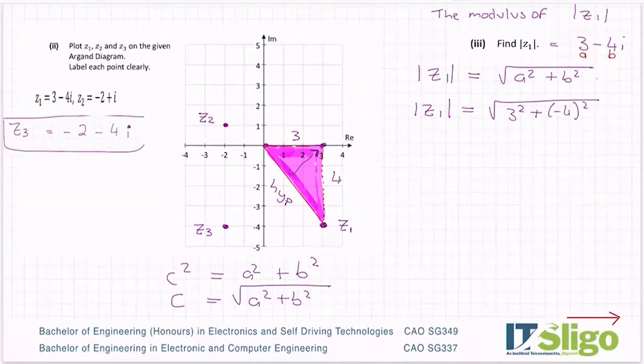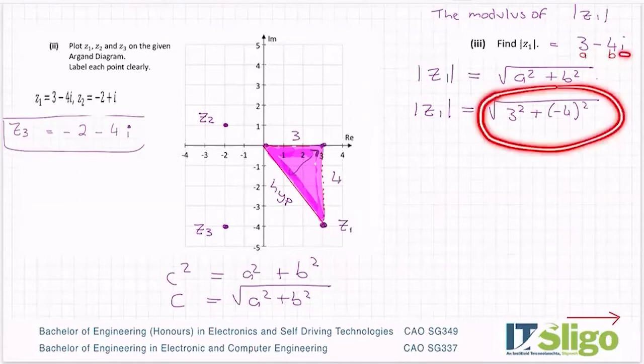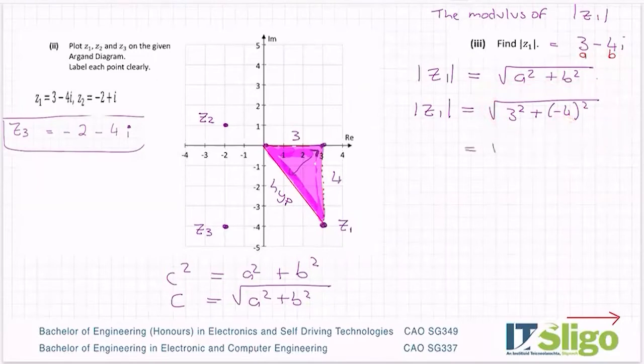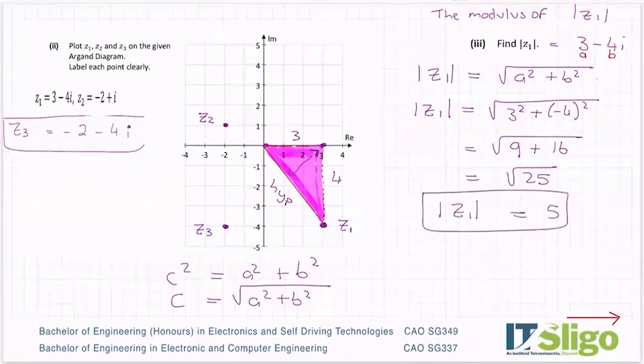And look, there's no i in it. The i just tells me which one is b. So put that into your calculator, make sure if it's a minus number, it's in a bracket, and you'll get the square root of 9 plus 16, which is the square root of 25. So the modulus of z1 is equal to 5. Very important to be able to do this. It comes up quite a bit.